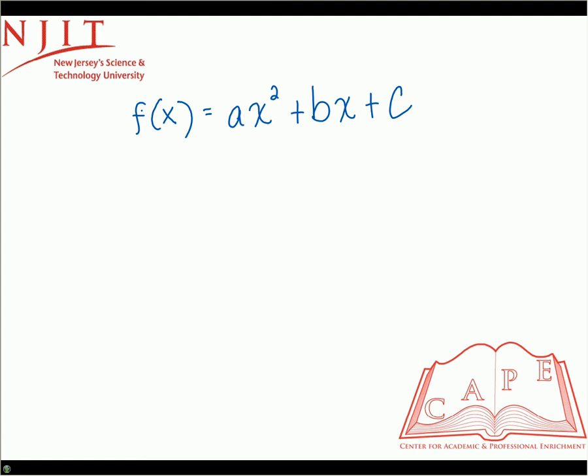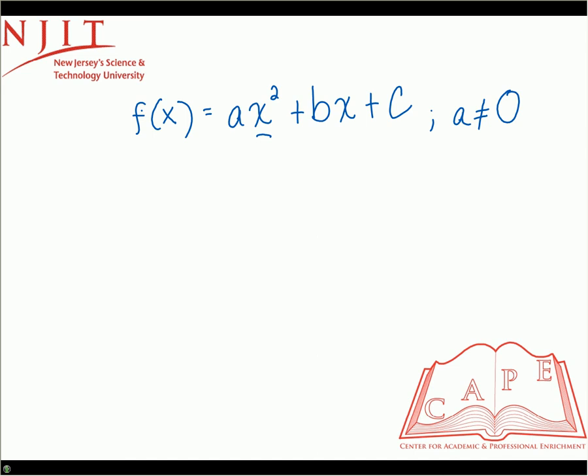That's where the quadratic name comes from, the x squared, where the highest degree of the polynomial is 2. The one stipulation is that a cannot equal 0, because then that would cancel out the first term, and you would just have a linear equation. So this is what constitutes a quadratic function.